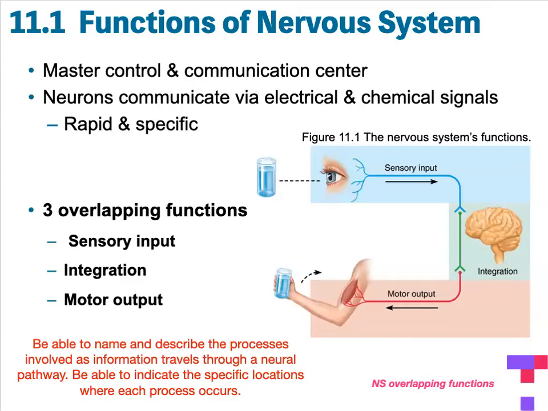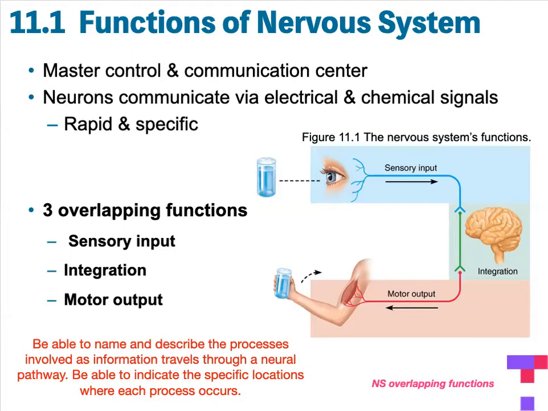So the nervous system is the master controlling and communication system of our body, and every thought, action, and emotion reflect its activity. The cells of our nervous system communicate by electrical as well as chemical signals, which are rapid and specific, and usually cause an almost immediate response.